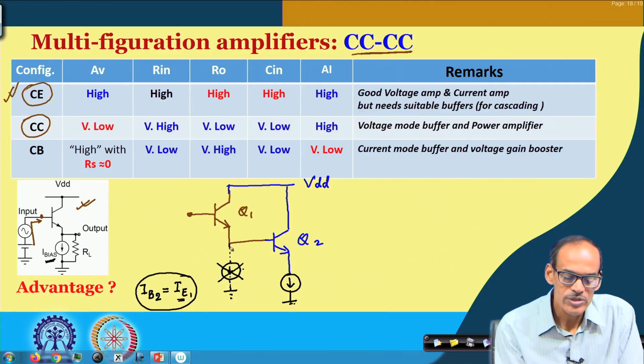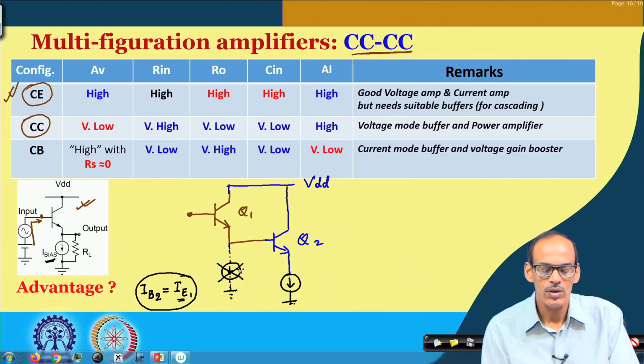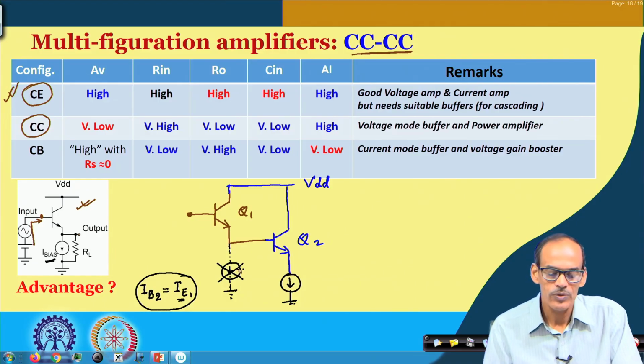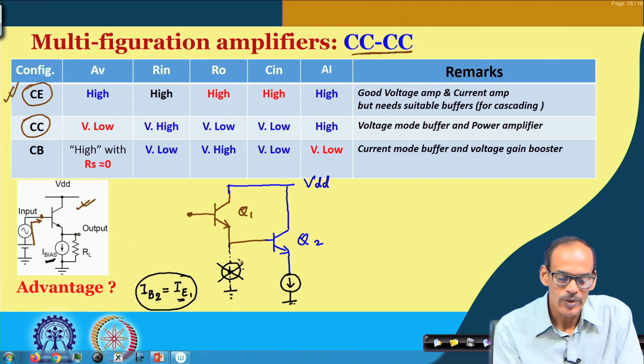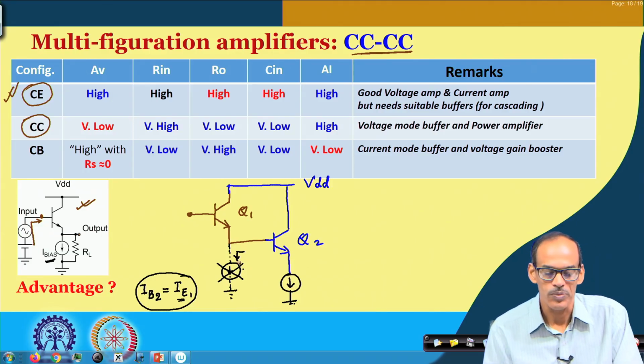That is why I am putting a dotted line. Depending on the situation we may or may not consider it, but whatever the situation, small signal wise, for an ideal current source we may think of this as open.